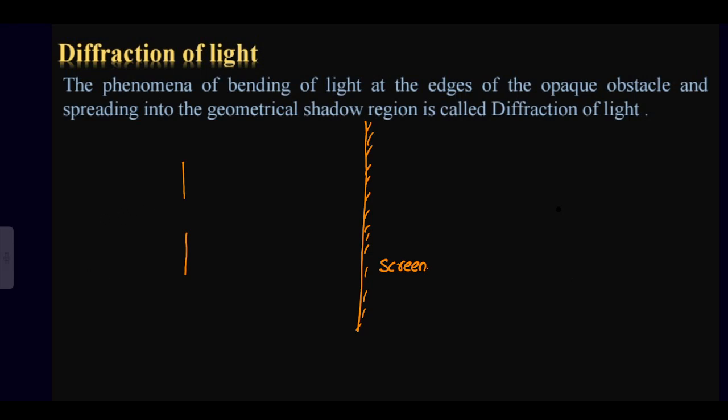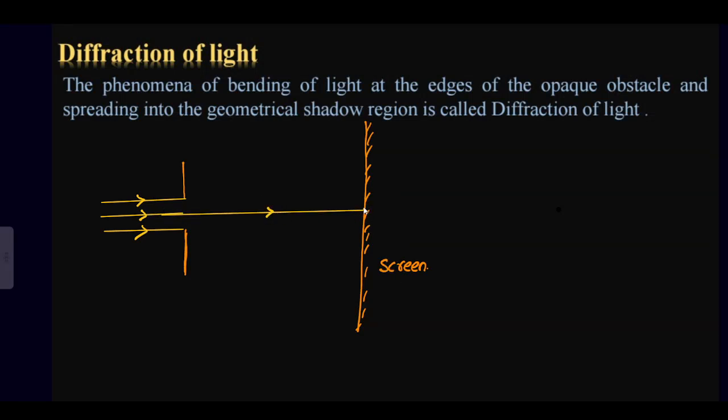Now just imagine the light rays are coming from here, like this. This light ray, which is along this path, will straight away go like this.